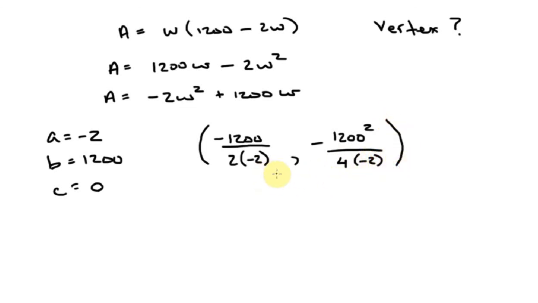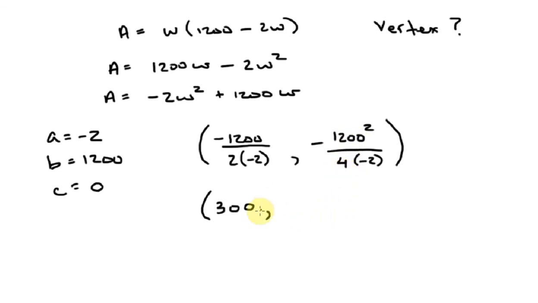Well, this is the point where the maximum is going to occur. Let's just see where that point is. Negative 1200 divided by negative 4 is 300, so 300. And I could certainly work this out, but I've got to ask myself, do I really need to know what this number here is? I mean, if you want to, you take your calculator and you go, well, it's negative 1200 squared divided by negative 8.